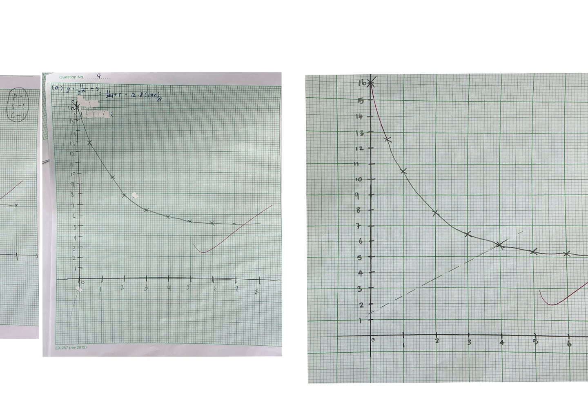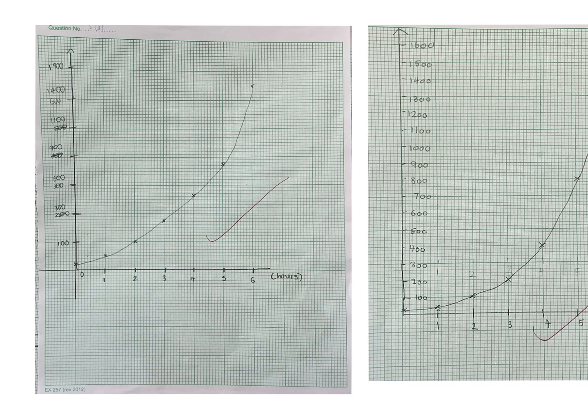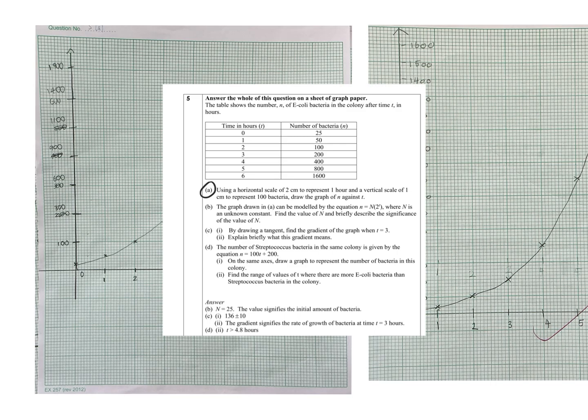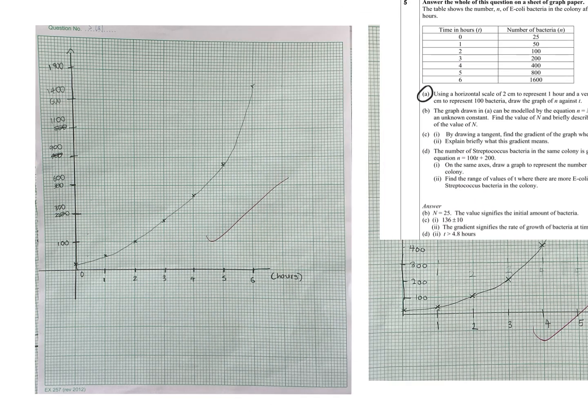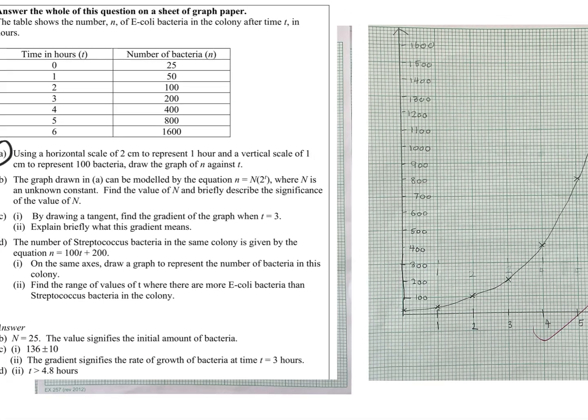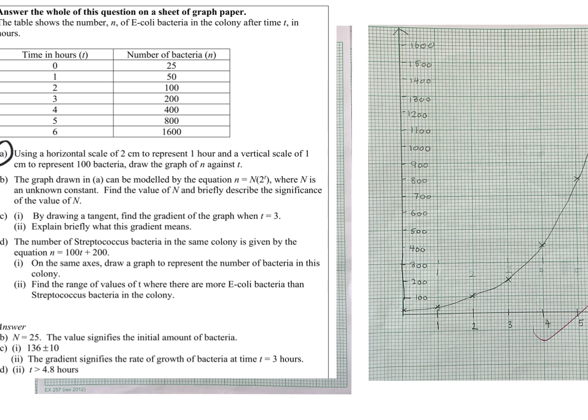Okay, last one. Number 5. This is 0, 1, 3. Okay, so this one. Look at the scale. Horizontal scale is 2 cm represent 1 hour. So 2 cm for 1 unit.